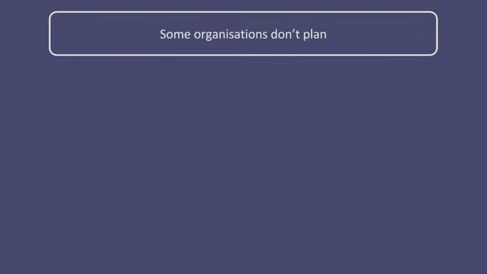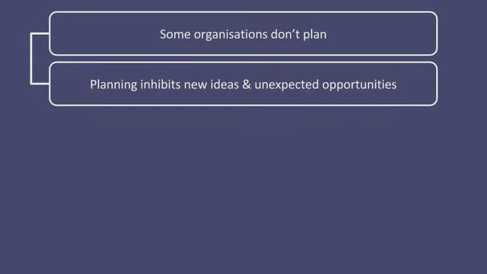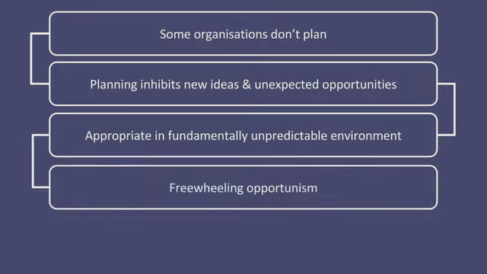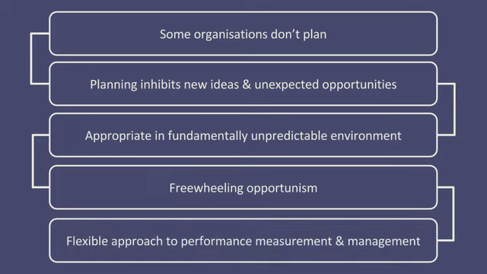They feel that planning inhibits the adoption of new ideas and dissuades people from capitalising on unexpected opportunities. Organisations often adopt this approach if they feel that the environment is fundamentally unpredictable. This approach is known as freewheeling opportunism and would require the performance measurement and management approach of the business to be very flexible to new ideas.